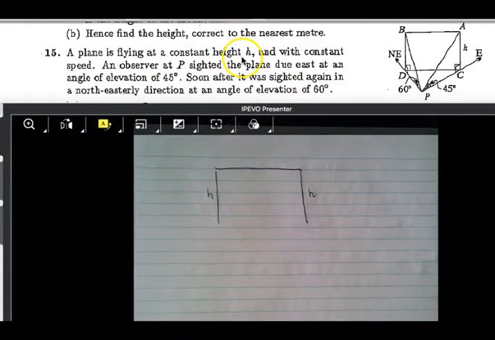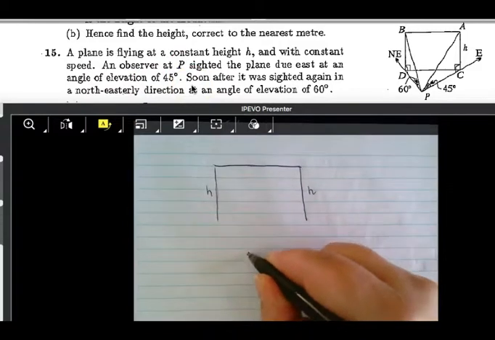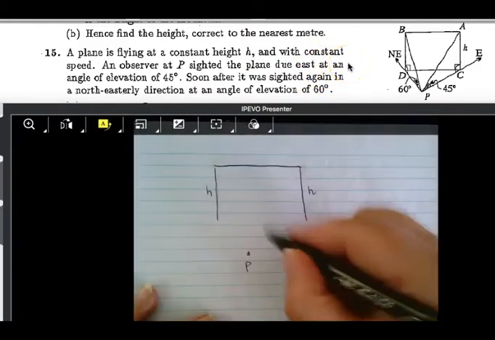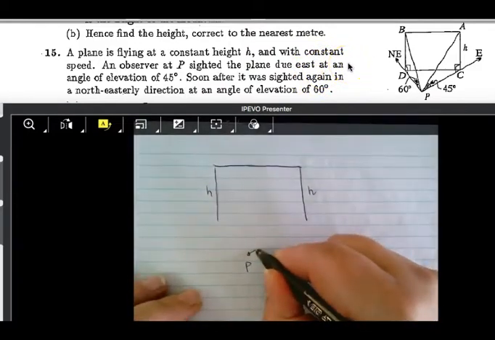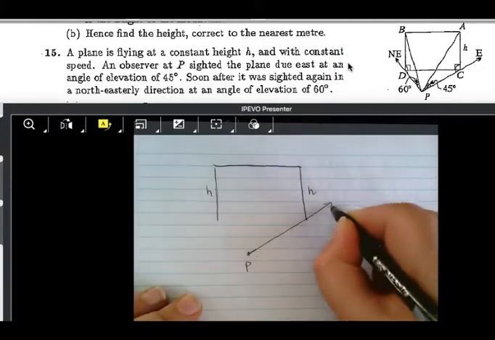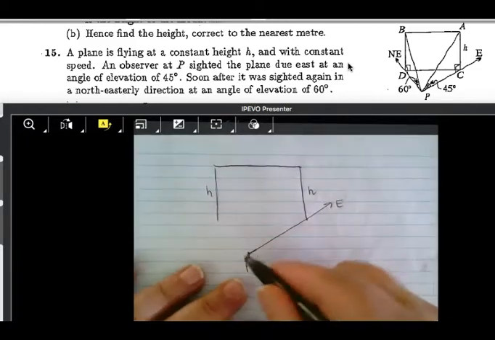And it's flying with constant speed. And an observer at P, down here somewhere, someone standing here, sighted the plane due east. So this time they've drawn, you're just going to have to take this for granted, that east is actually east.